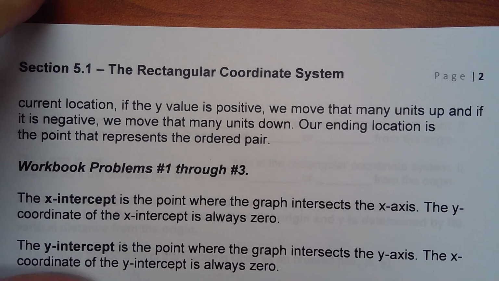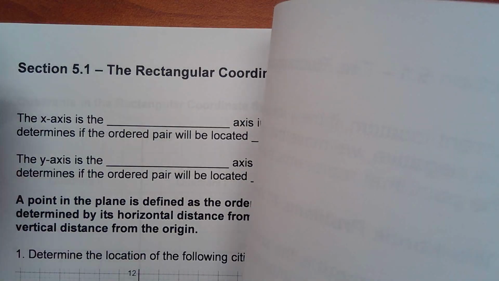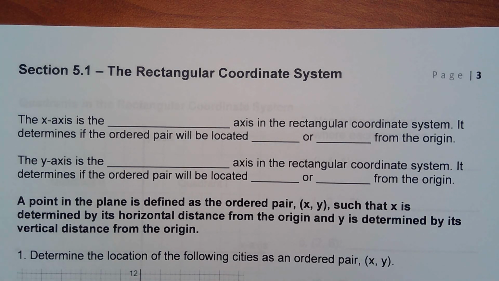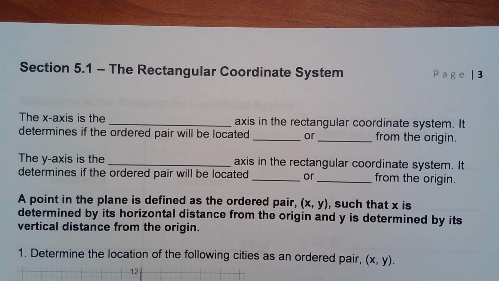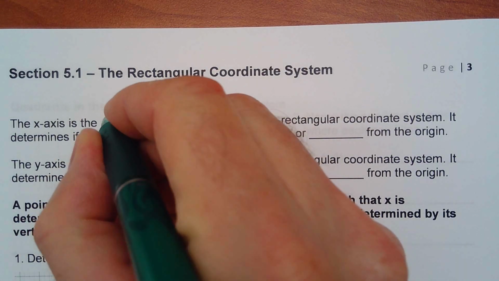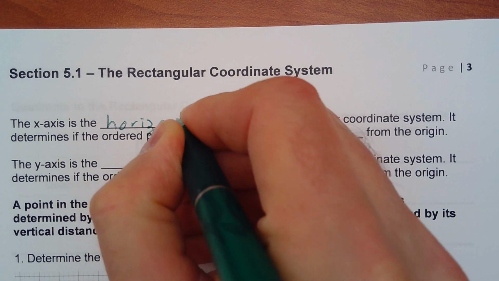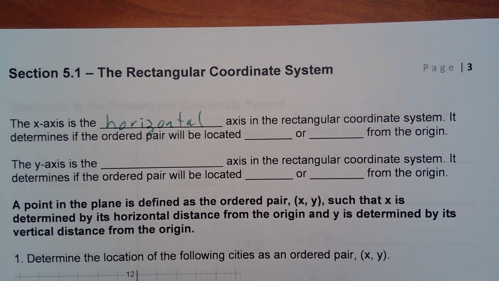So now let's go to work problems 1, 2, and 3. So we're going to skip to the next page and go ahead and work out these problems. First of all, we have some fill in the blank. Here it says the x-axis is the blank axis, so that's the horizontal axis in a rectangular coordinate system.